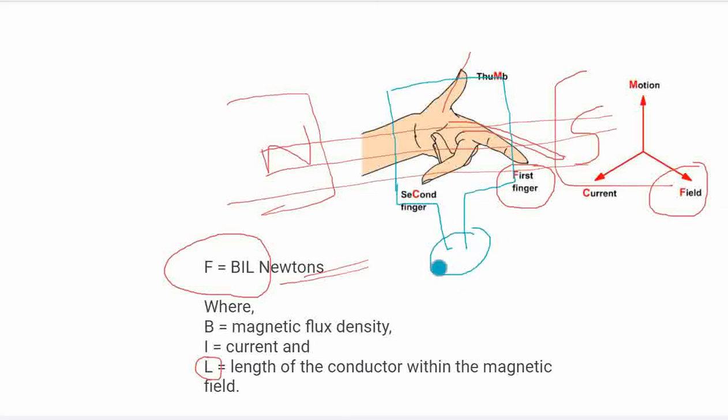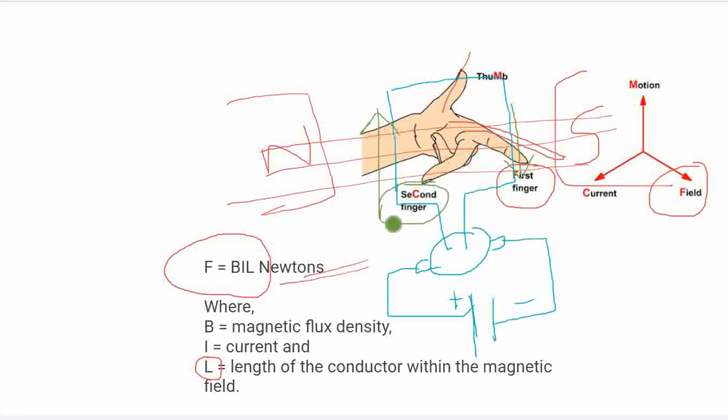This is the commutator with the brushes, giving the supply, positive and negative. The second finger shows the current direction, either into the coil or out of the coil.